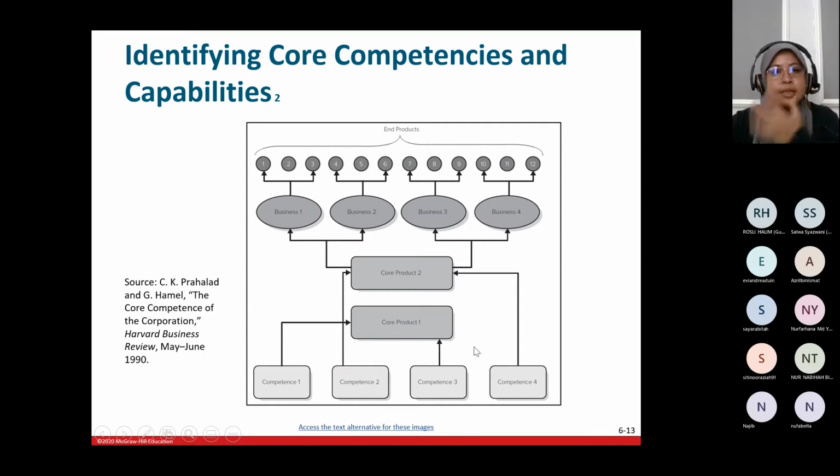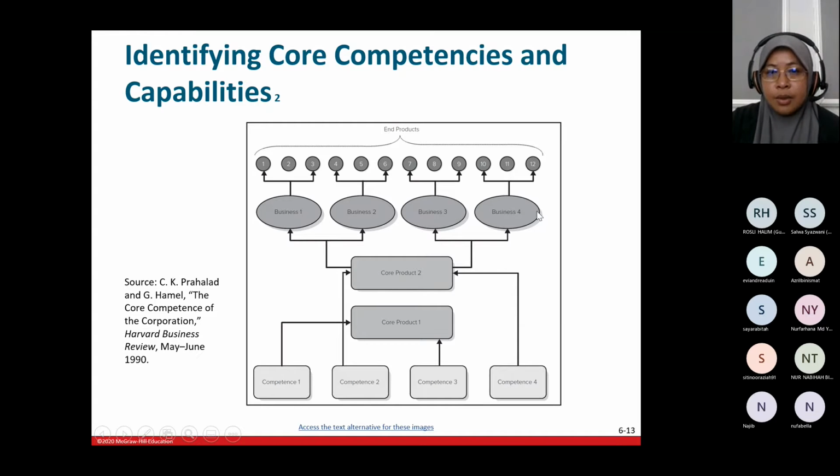Okay, so this is the core competency of the corporation. We can have a core product 1. Core product 1 probably has competence 1 and competence 3. Core product 2 has competence 2 and competence 4. Based on this core product 2, it should support business 1, business 2, business 3, and business 4.